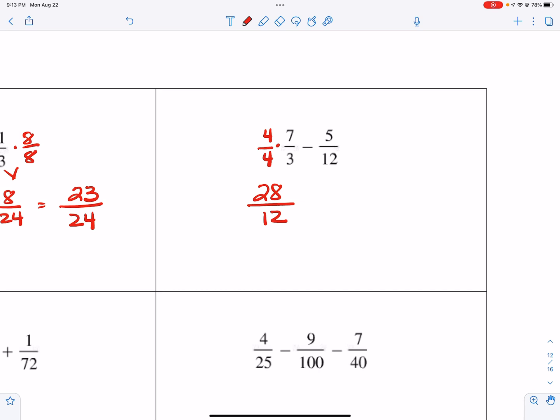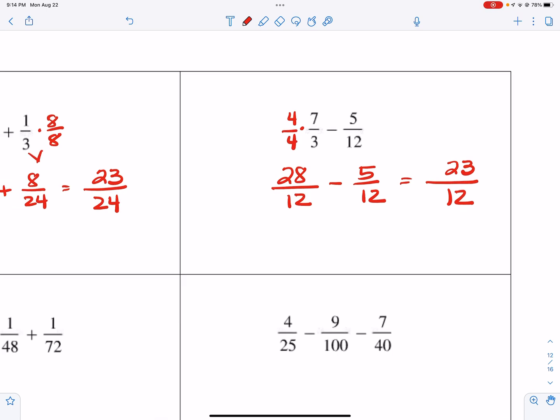The second fraction is already in twelfths, so I don't have to multiply it by anything. Write your denominator one time, and 28 minus 5 is 23. And then I would just leave it like that, unless it specifically asks you to turn it into a mixed number.